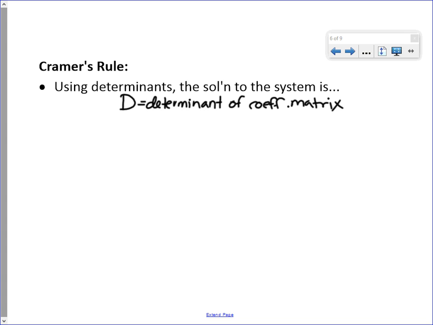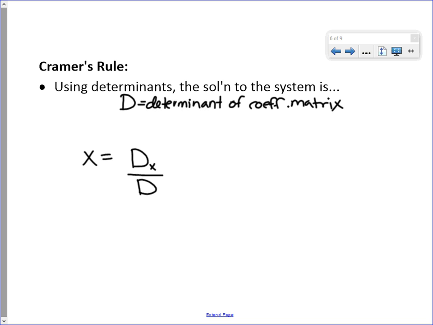If you want to find the x variable for your system, your x variable is, and now I'm going to say, D sub x divided by D. And we already know that D is the determinant of the coefficient matrix, which I would generally call matrix A or whatever. So we're dividing by the determinant, whatever that number is, of our coefficient matrix.